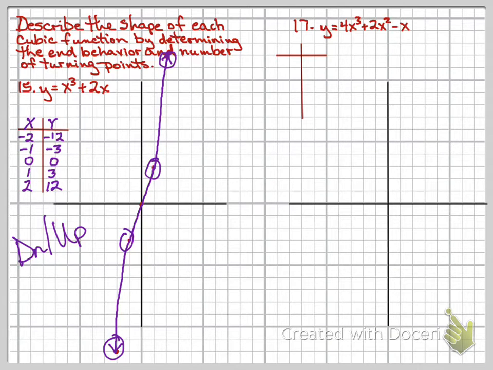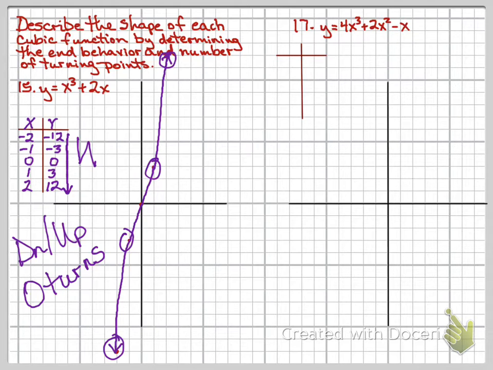And we can tell that by looking at our y values, because from -12 to -3 to 0 to 3 to 12, we continue to go in the same direction. We never switch directions, right? So because of this, I have 0 turns.